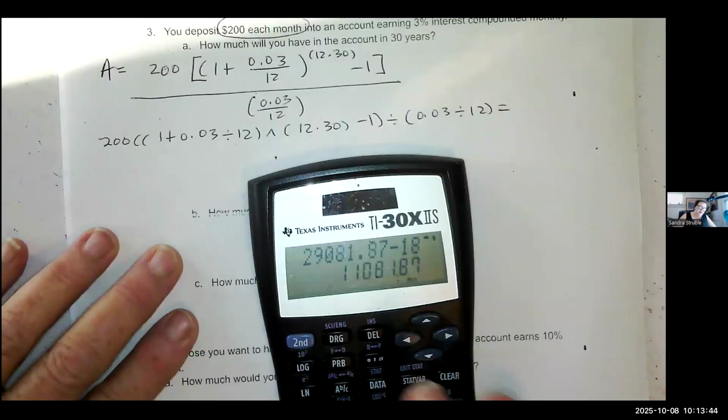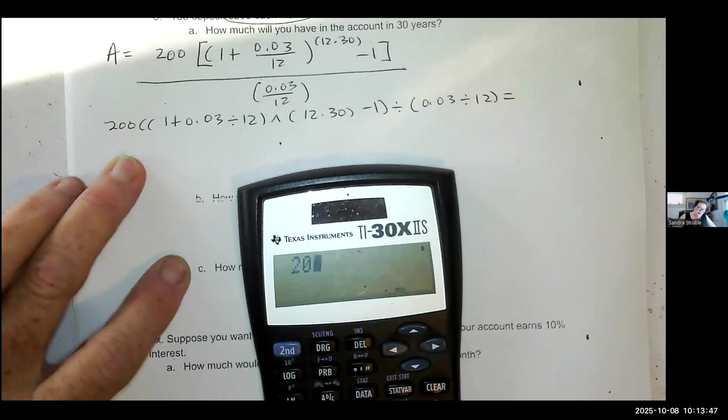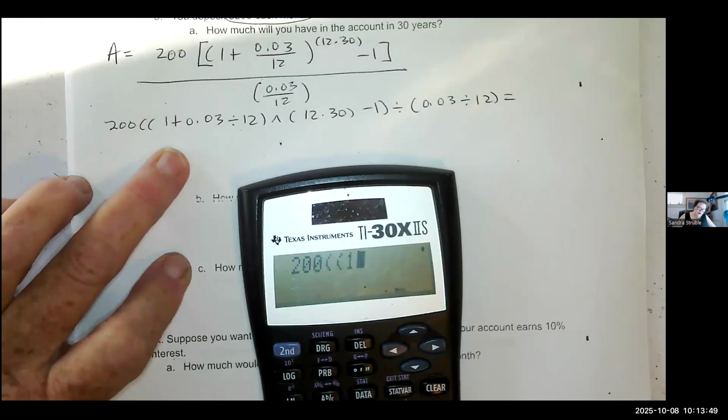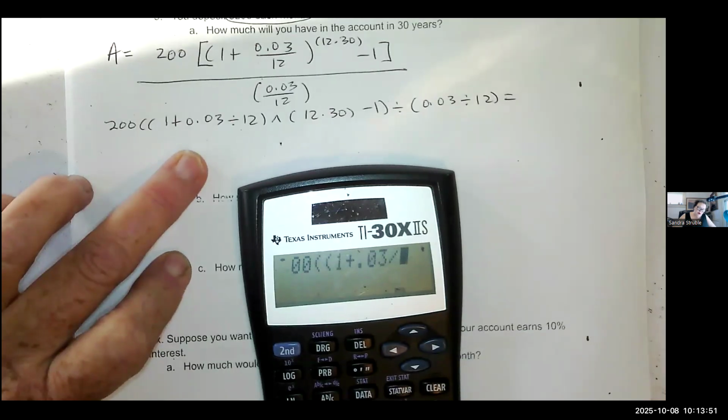If you want to do it along with me, I'm going to repeat that. 200, open, 1 plus 0.03 divided by 12, close, caret, open, 12 times 30, close, minus 1, close, divided by open, 0.03, divided by 12, close, equals.